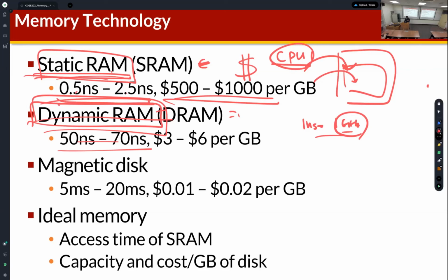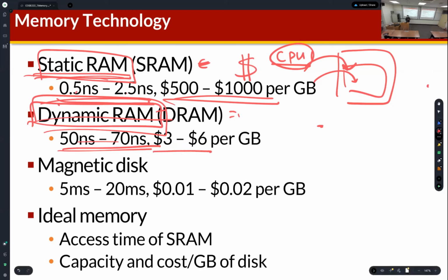So the access latency is high. It's slower than the SRAM, but it's much cheaper than SRAM. And then we use the DRAM as the main memory, and magnetic disk, which means we use magnetic disk as the hard disk drives.